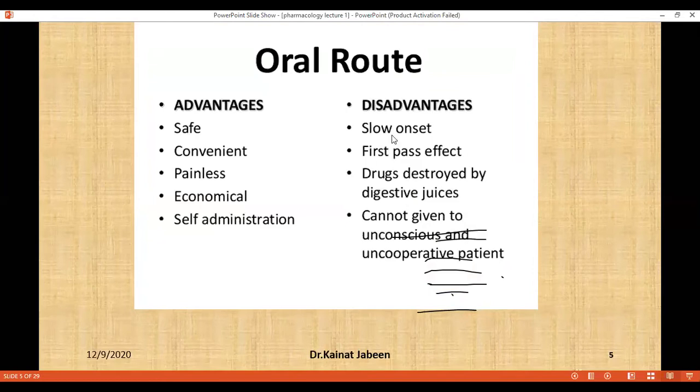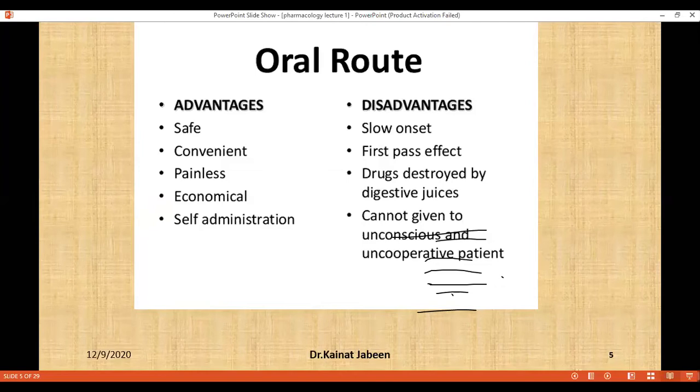But the disadvantages are its onset is too slow. First pass effect: the medicine is going to pass through your liver and get metabolized in the liver, and you can't get the full amount of the drug. For example, if you take a drug, you can't get 100%.